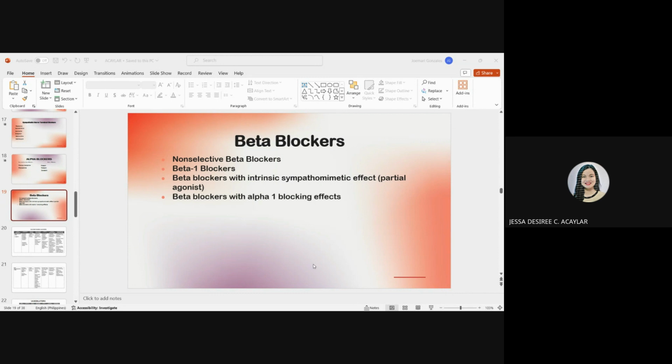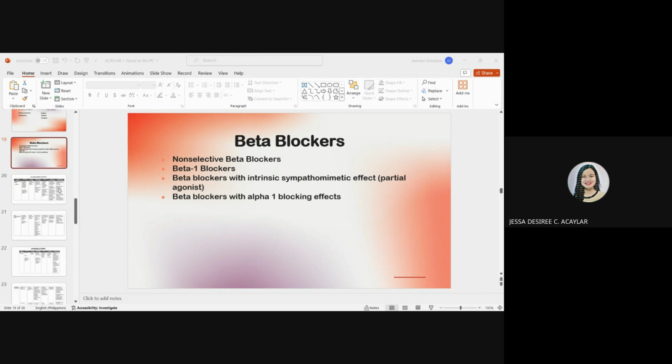So, tapos na po tayo sa mga beta blockers. Next po are the calcium channel blockers. Pero bago po yan, para mawala po yung antok natin, may review question po. Ano nga po yung normal blood pressure po natin sa adult? Yes po.